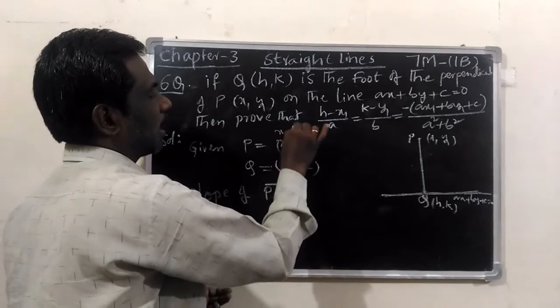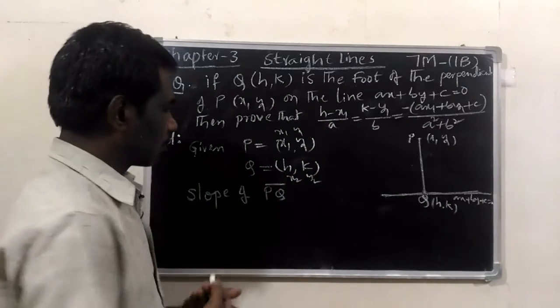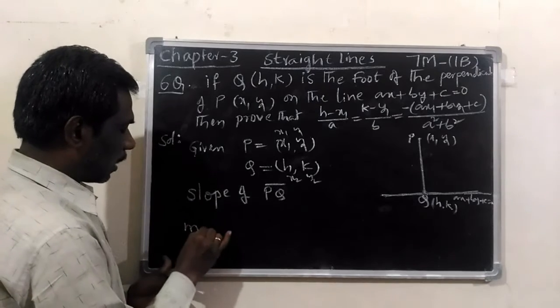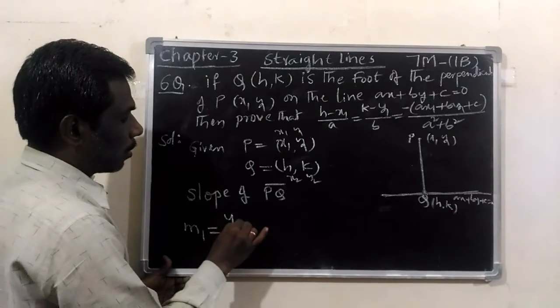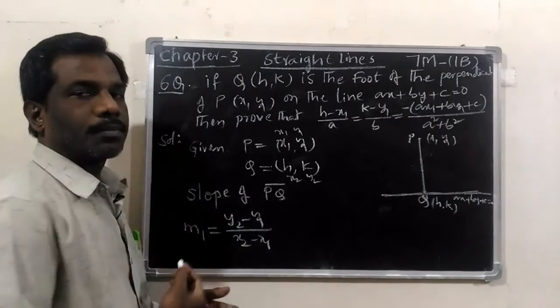See, it is the x1, y1 and the second coordinates x2, y2. Slope formula here, m1 = (y2 - y1)/(x2 - x1).